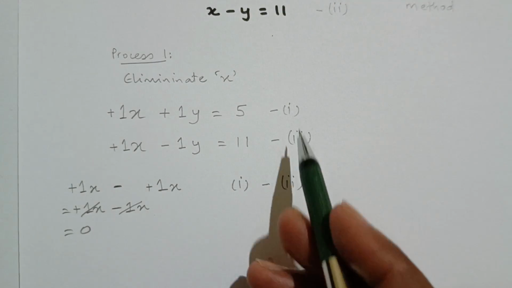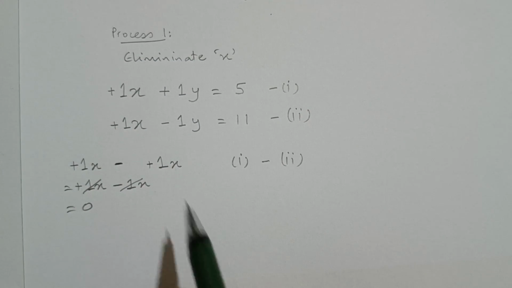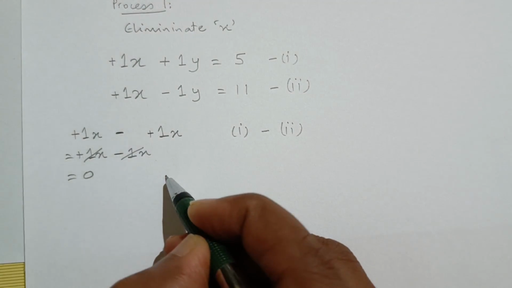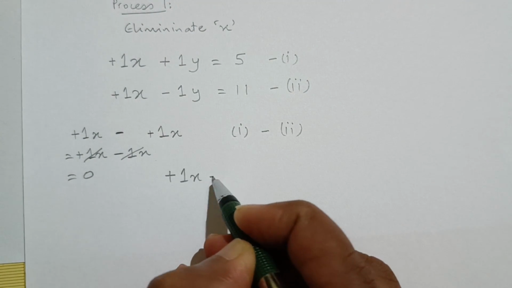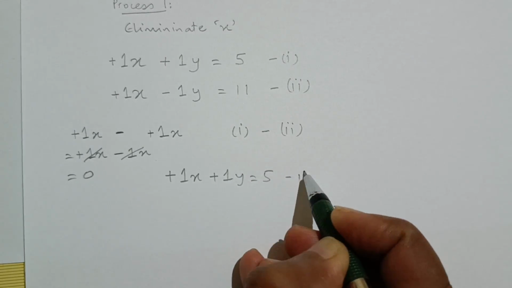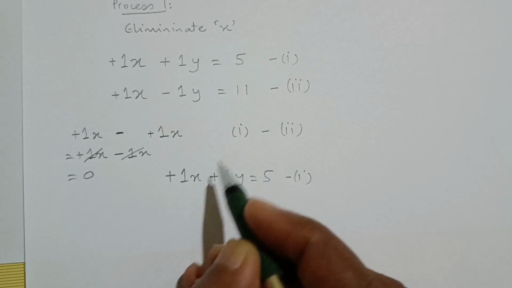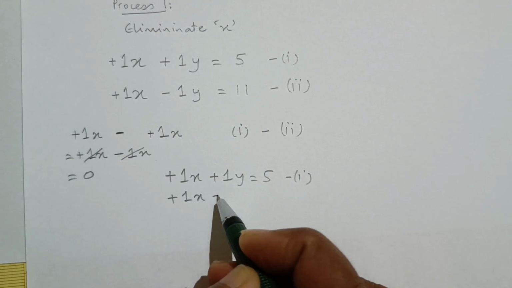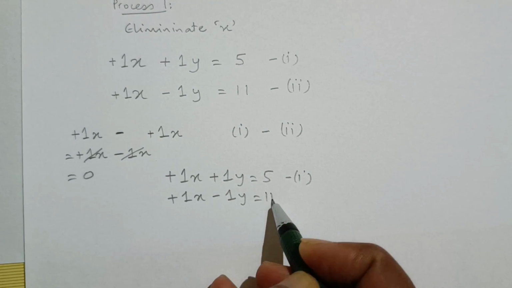So let us now do equation 1 minus equation 2. Again I will write it. We have plus 1x plus 1y equals to 5, this is equation number 1. And equation number 2 is plus 1x minus 1y equals to 11.